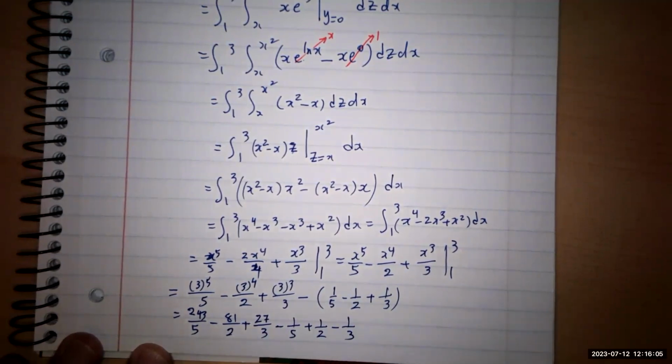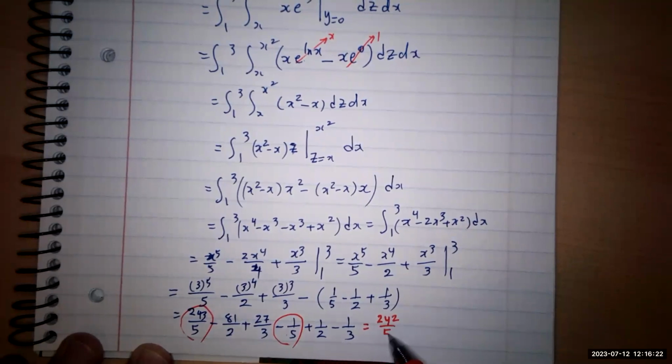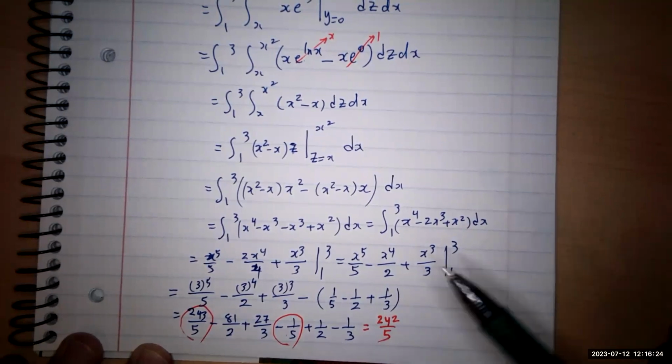You can find the common denominator all together, or just simplify it a little bit and do the job. Okay, these two, for example, 243 minus 1 gives you 242 over 5. So this is how I simplify these two.